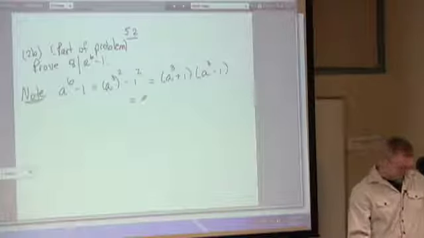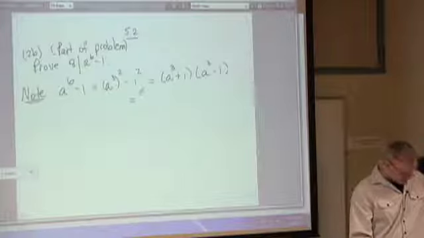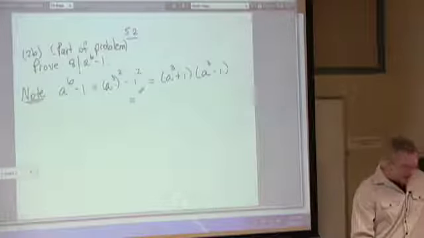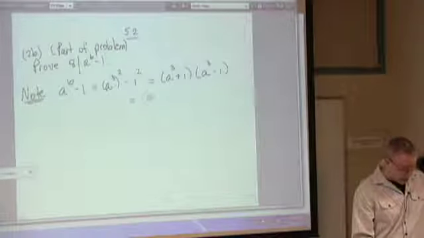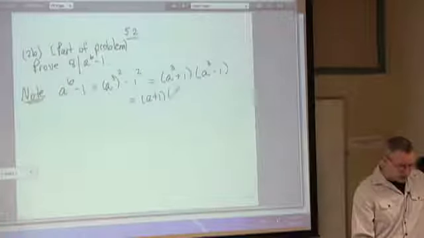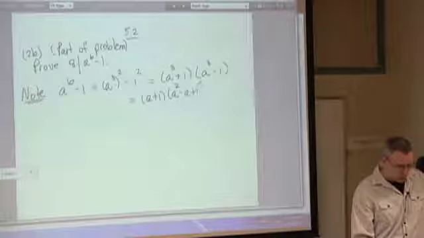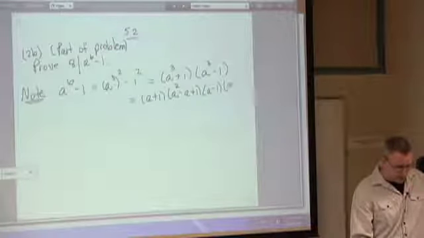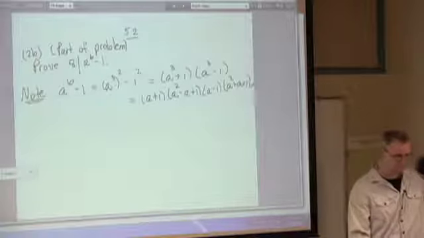So the first part factors as a plus 1 times a squared minus a plus 1, and the second factors as a minus 1 times a squared plus a plus 1. Okay.